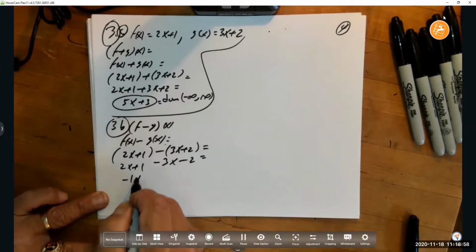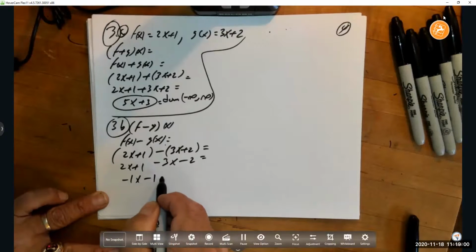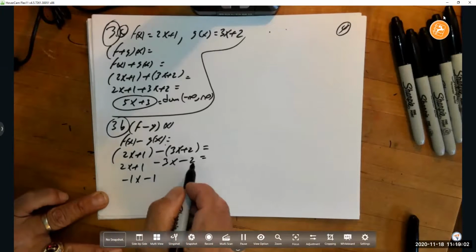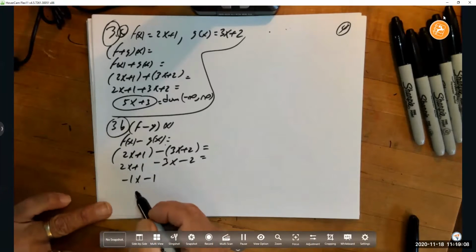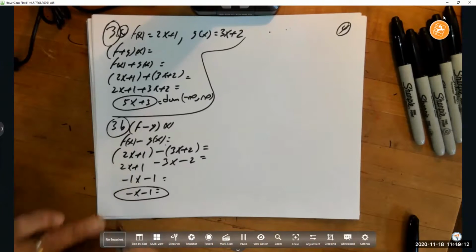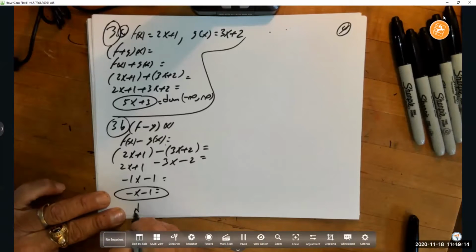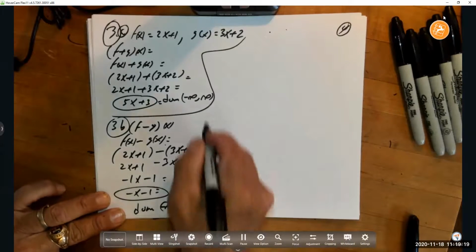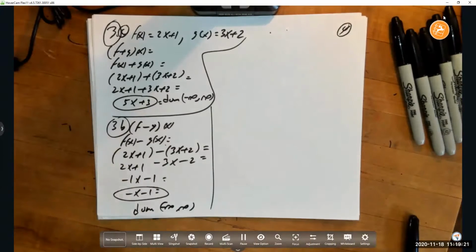It's going to be negative 1x minus 1. Is that right? Yeah. Minus 1x minus 1, or just write minus x minus 1. That's good enough. All right. Domain for this one, same thing. Minus infinity to infinity. There you go.